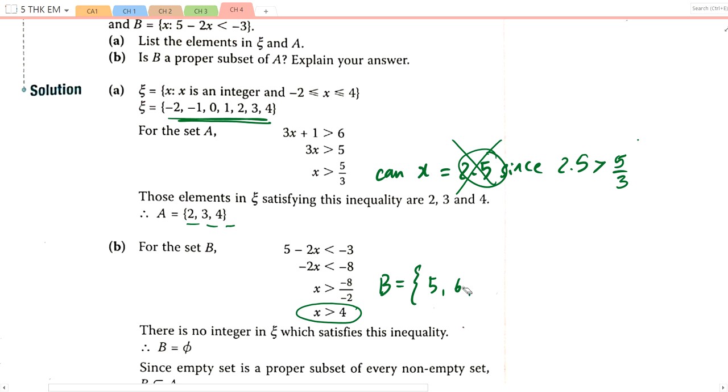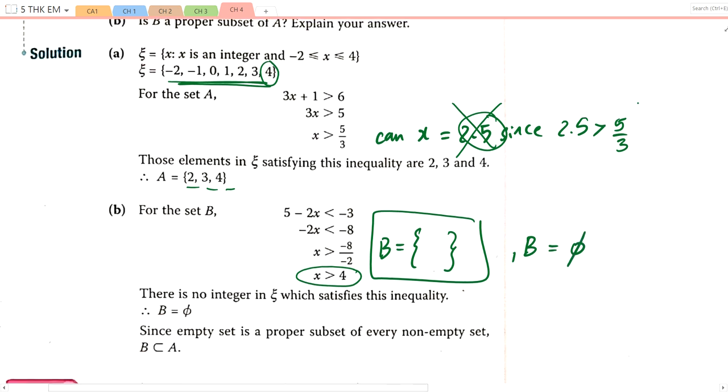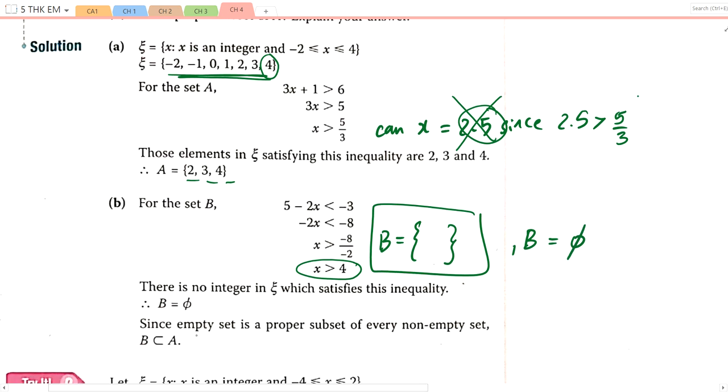No, we can't even have 5 and 6, because in the universe it stops at 4. We don't have 5 and 6. So B is actually a null set. It's an empty set. Now, since the empty set is a proper subset according to definition, then B is a proper subset of A.